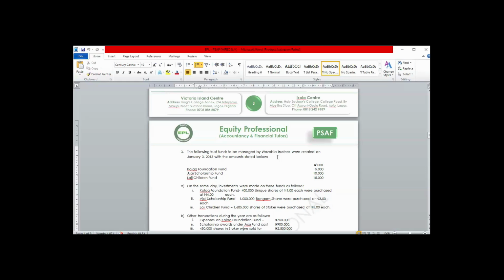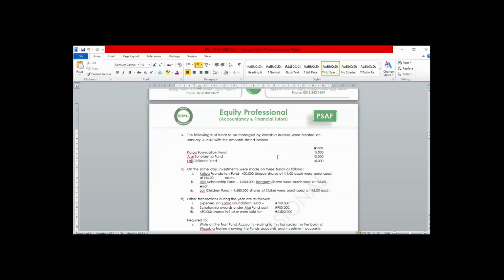B part of the question says other transactions during the year were as follows. We're given the details of the expenses. Roman figure 1, expenses on Kola Foundation, 700,000. Roman figure 2, scholarship award under Ajayi Fund cost, 900,000.